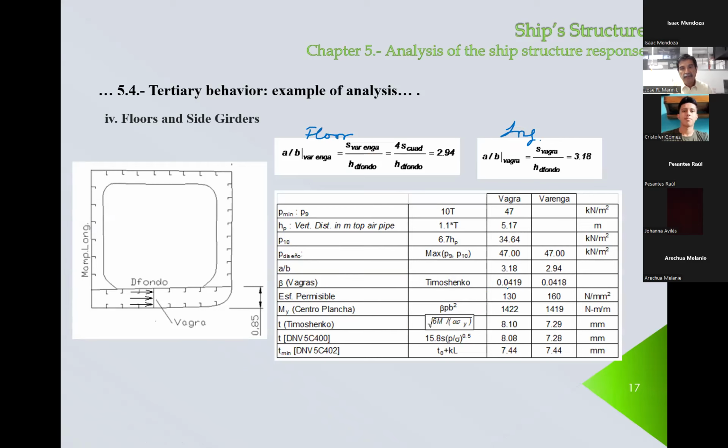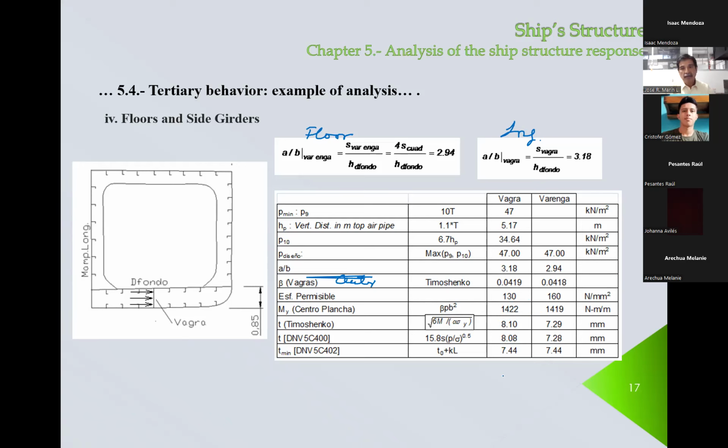We have a plate aspect ratio. We take this value from Timoshenko, at the center of the plate, as we explained. This is the permissible value from the classification society rules, and from that we calculate the stress and the thickness. This is the result of applying the formulation from DNV, so it is very close.